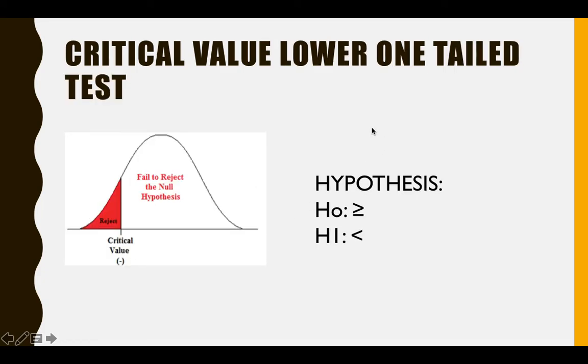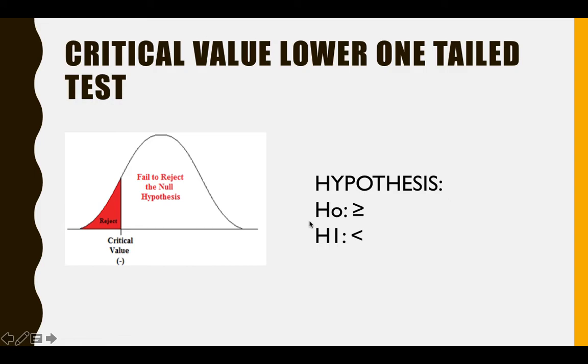The second test is called lower one-tail test. How do you know whether you should use this lower one-tail test? Again, it depends on the hypothesis that you have written in step number 1.